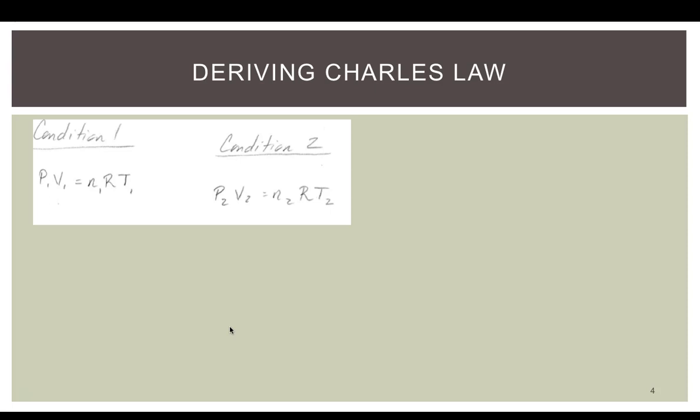If I have some system, doesn't matter what, where I can describe the gas in terms of P, V, N, and T, where R is this universal gas constant. So there's some P associated with the system, some volume, some number of moles of gas, and that system is at a certain temperature.